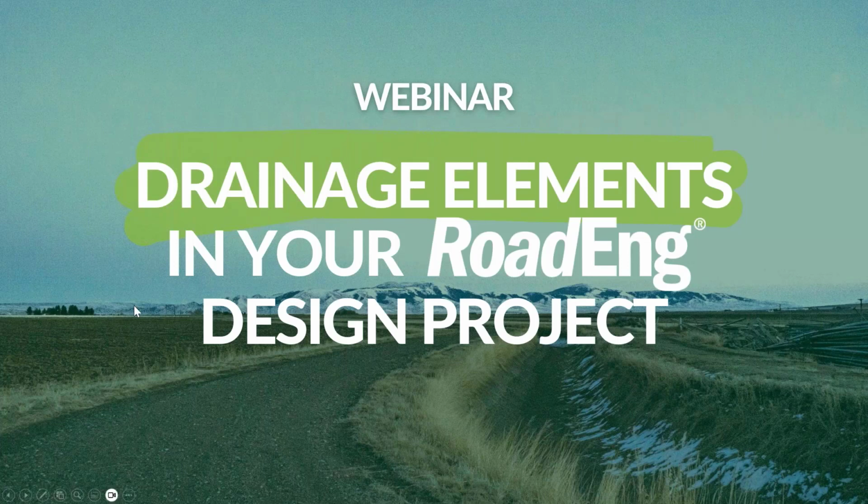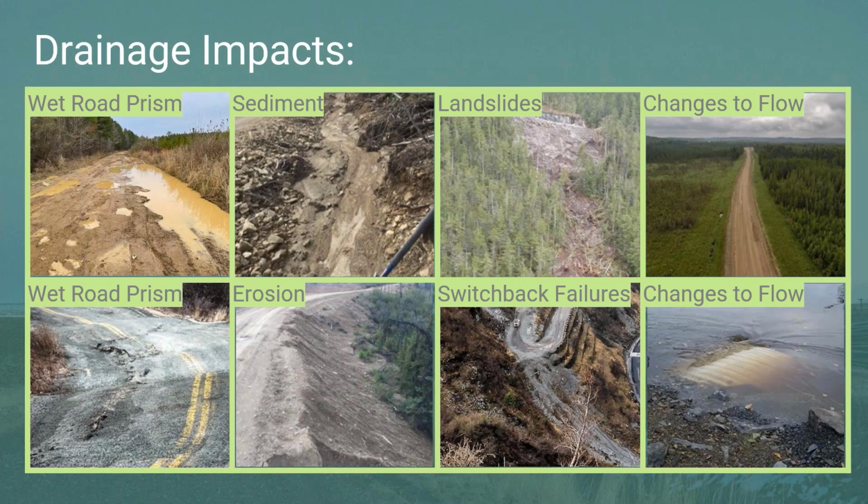So it is worth stating that drainage has an impact on the roads themselves, the ecosystem, the environment, and the landscapes that surround them. And when we don't account for drainage and design properly, we can have a whole bunch of rather negative effects.